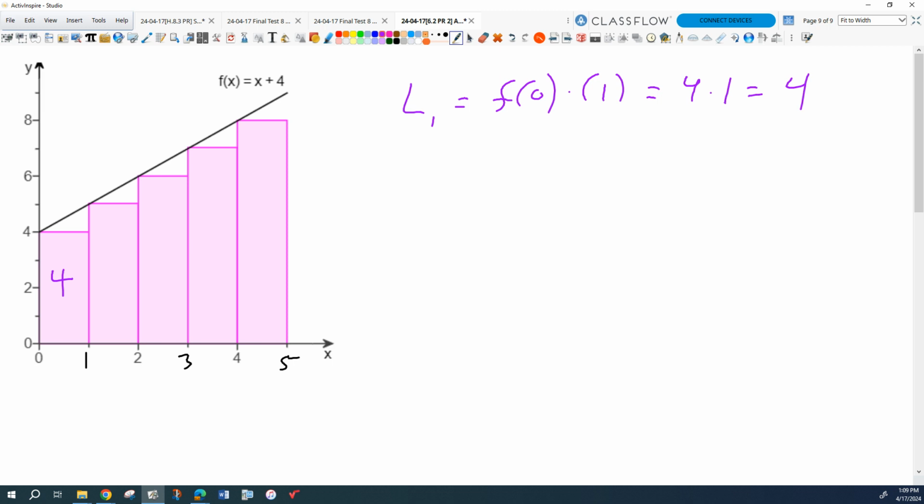I would just add these all up manually if I'm doing a small number of them. Second one, L sub 2, would be f of 1 times my width of 1, which is 5 times 1 equals 5, etc. Just add them all up.